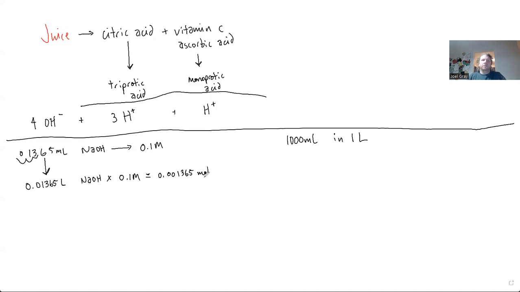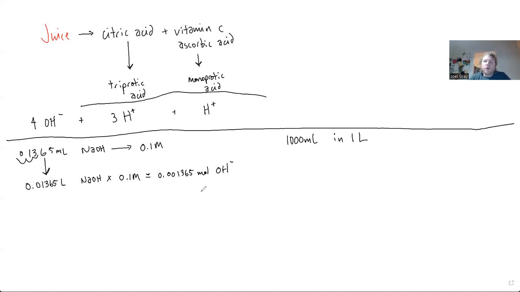So in this titration, hypothetically, we had to add 0.001365 moles of sodium hydroxide, or 0.001365 moles of hydroxide ions.